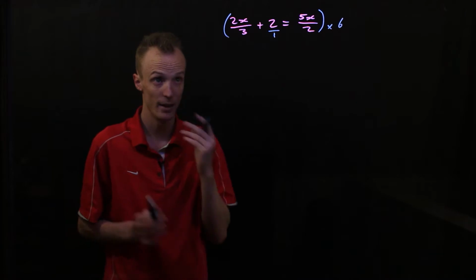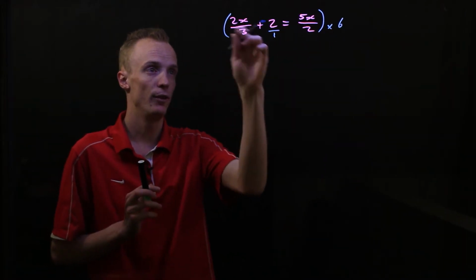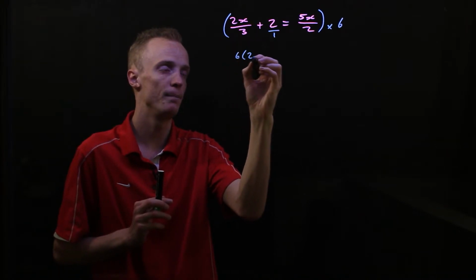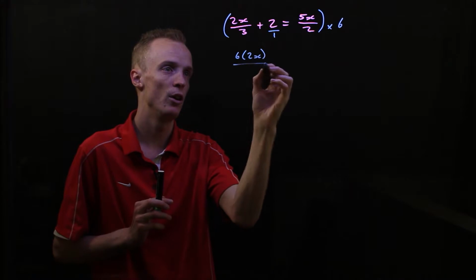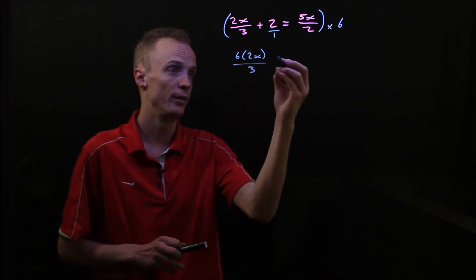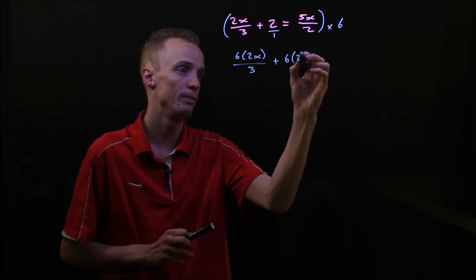When I do that, I need to multiply each term by that 6. So the first term will be 6 multiplied by 2x over 3. When I multiply the 2 by the 6, that'll be add 6 by 2.